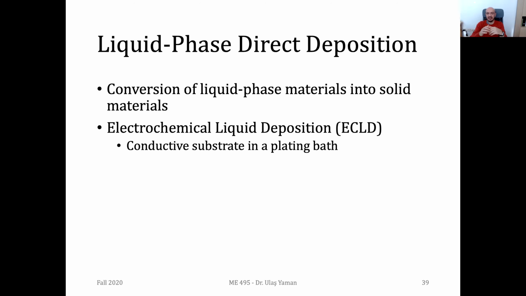controlled manner. If you remember the conventional electroplating, what we do is put the part which is to be plated, and then we have another material, and with the help of the chemical reactions, the part is covered with the other material. But this time we will be doing this plating operation in a controlled manner.